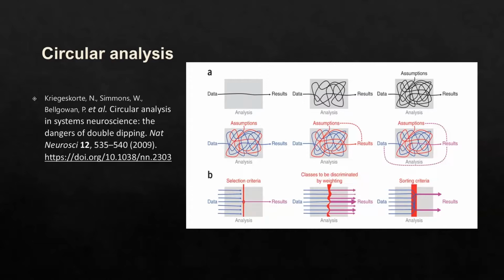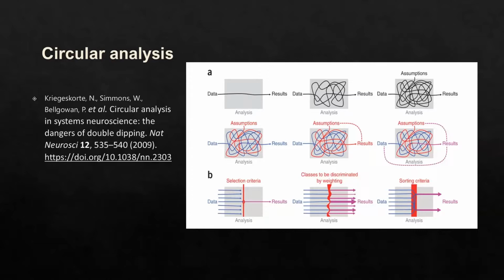So in A of this diagram, in the top row, it shows that the results of the study should reflect the data. It's often not just a straightforward path from the data to the results. Sometimes, and often, it's a very convoluted, involved path from the data to the results.